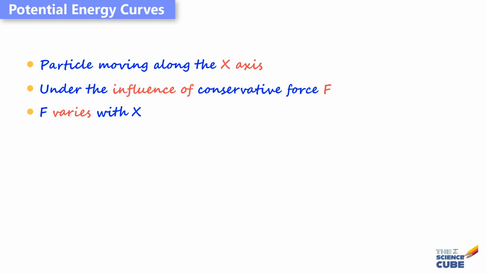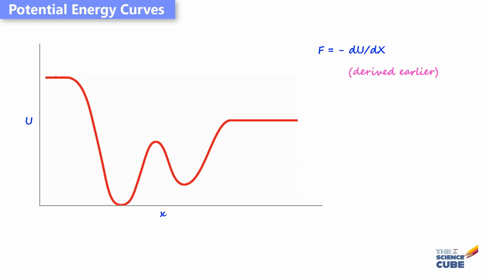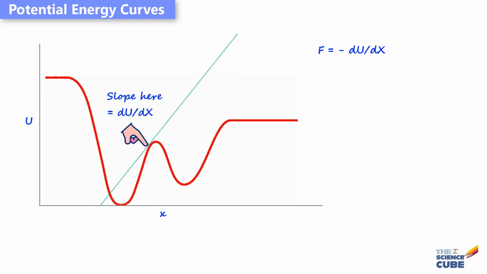And if we plot the two, that is the U value and the x value, we get our potential energy graph. Now, if you take the slope of this graph at any point, that is dU upon dx, and then take the negative of it, what you'll find is that this expression is nothing but the force acting on the particle at that value of x.